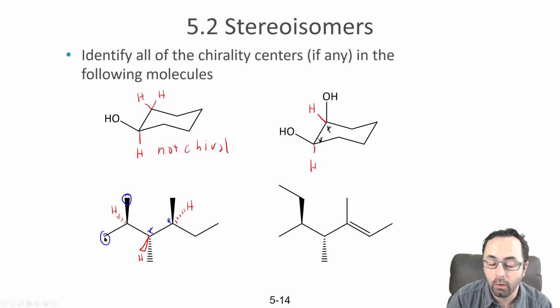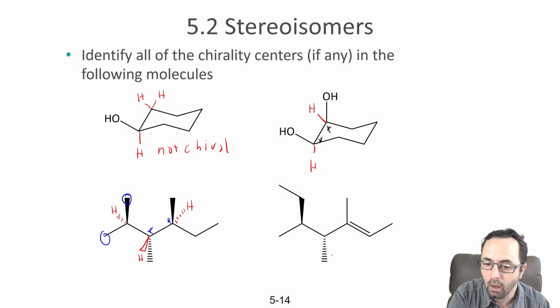These methyls are the same type of group. However, this carbon here is chiral because this group on the left is different from this group on the right, which is different from hydrogen, which is different from methyl. Same thing on this carbon. This group on the left, all of this is different from the ethyl group on the right, which is different from methyl, which is different from hydrogen. So there are 2 chiral centers. This carbon is not a chiral center because of the 2 methyl groups.